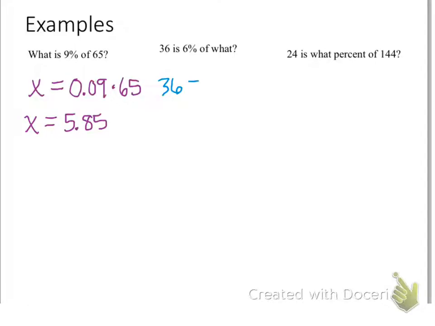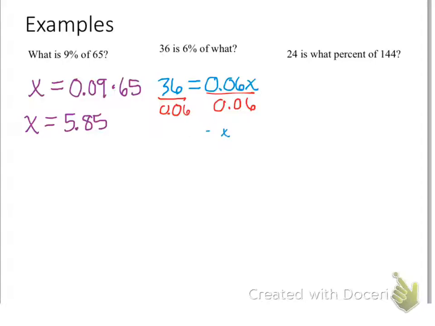36 is 6% of what? Multiplied by x. Opposite operation, we're going to divide both sides by 0.06 because we're trying to get the x alone. 36 divided by 0.06 gives us 600.